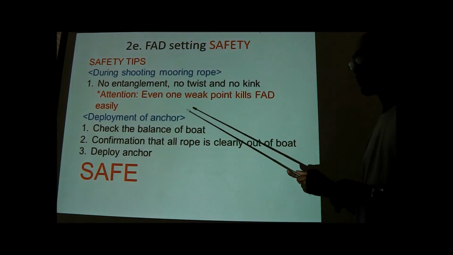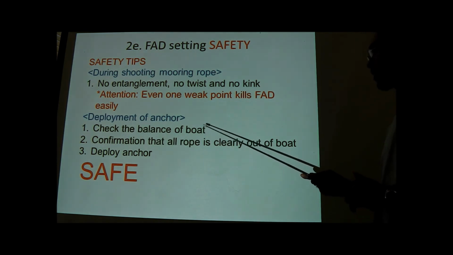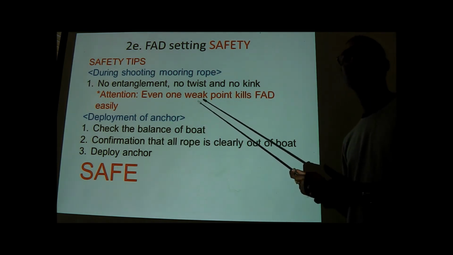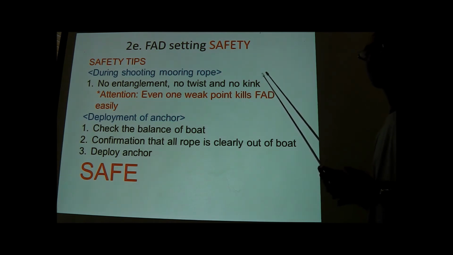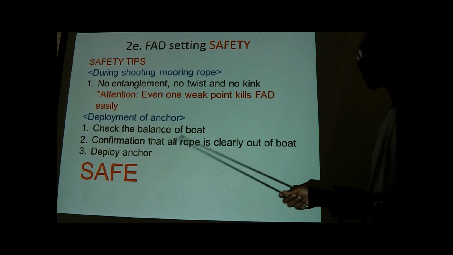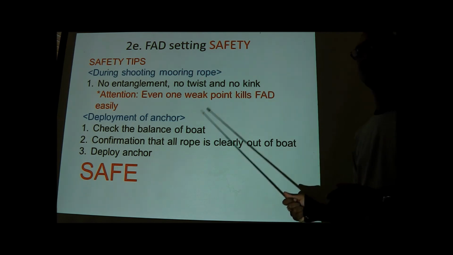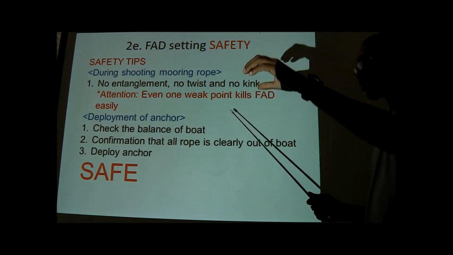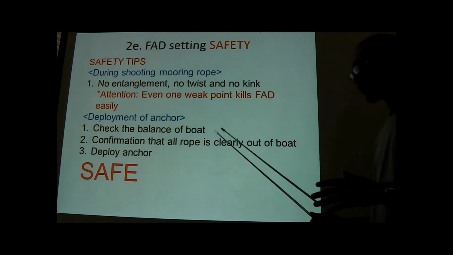Also, there are a few things we also need to consider. Check the balance of the boat. As I mentioned, in the small islands, we have small boats, and these concrete jumps can be very heavy. So we need to make sure that they are evenly placed during the deployment. Confirm that all rope is clearly out of the boat, so that no rope gets snagged onto the boat, so when the anchor is dropped, we lose everything.